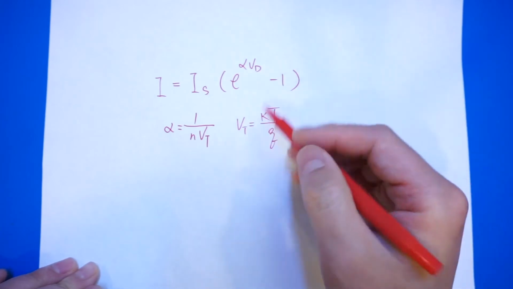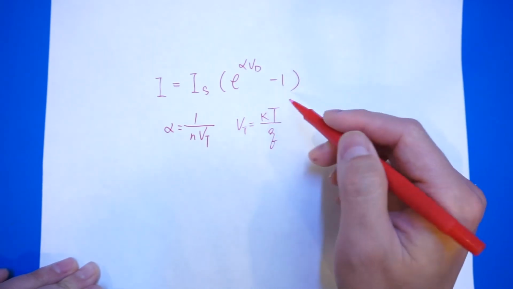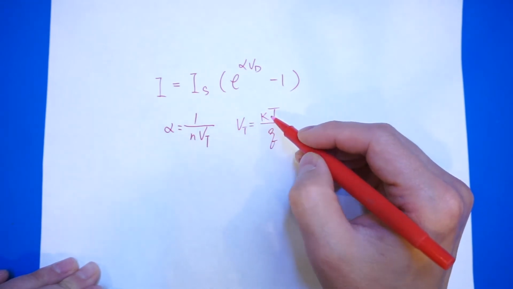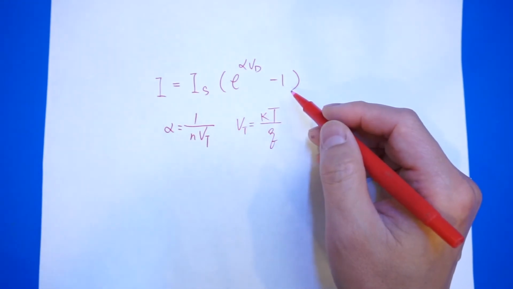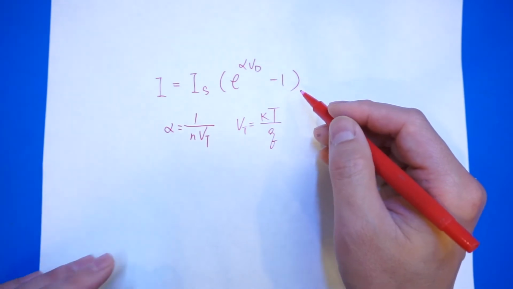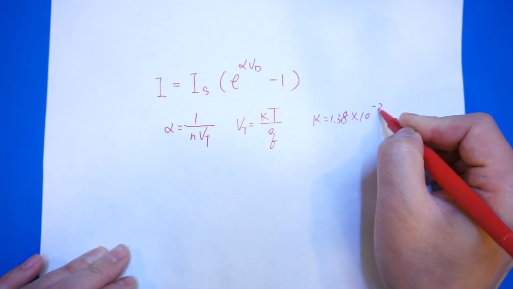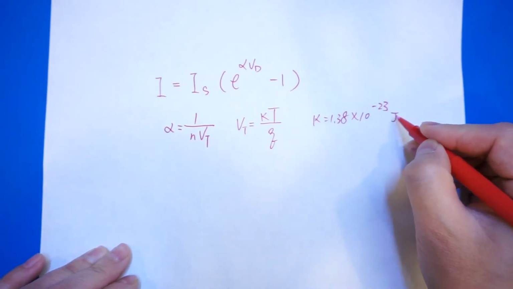So here we have a couple more constants. T is the temperature in kelvins, and k is the Boltzmann constant. For those who don't know, it's just a constant, but the value of k is 1.38 times 10 to the minus 23 joule per kelvin.